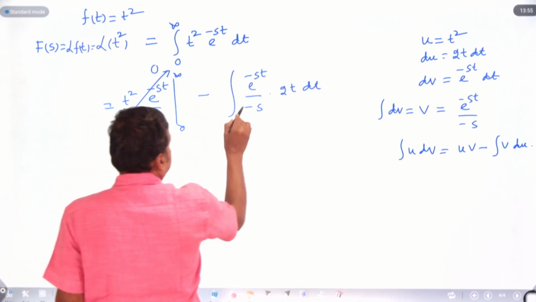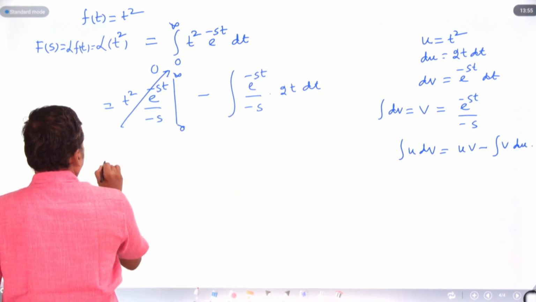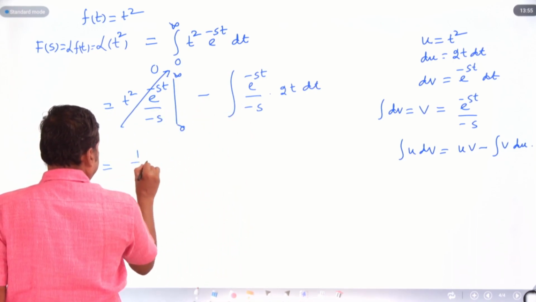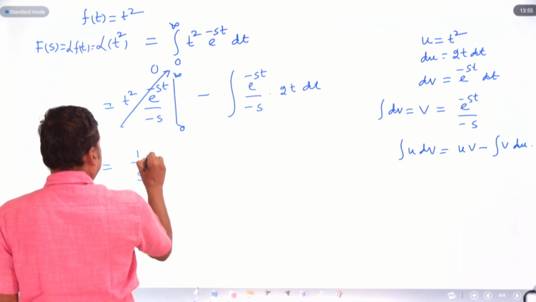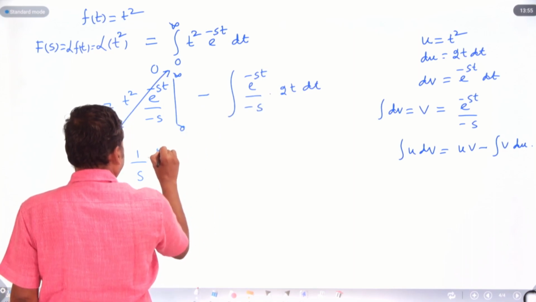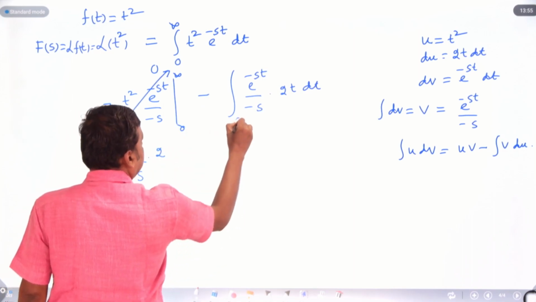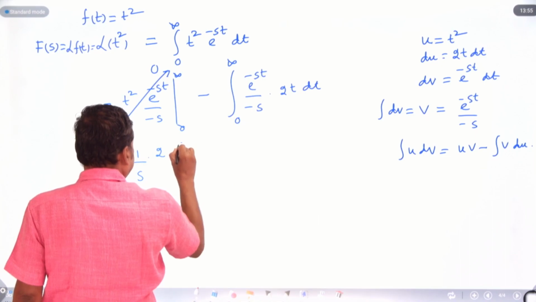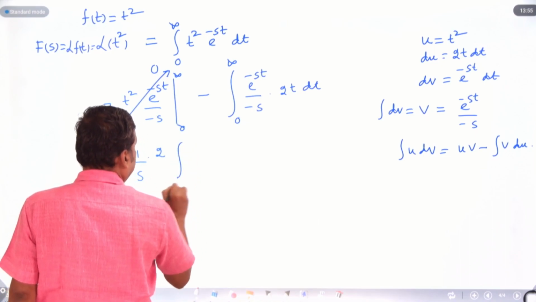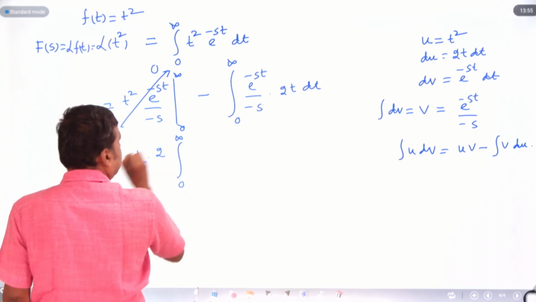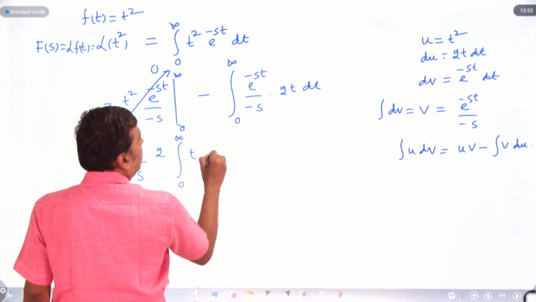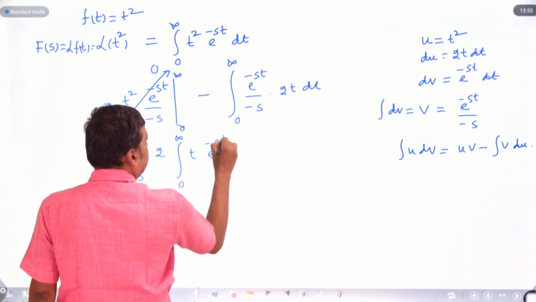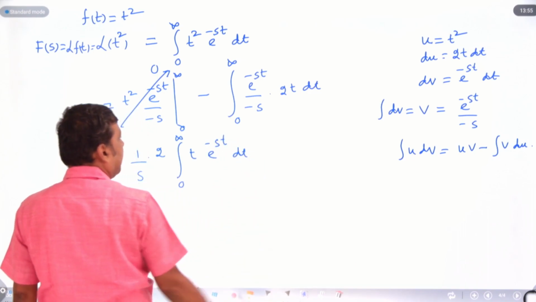And here, minus times minus gives plus, so we get 1 by s, with 2 being a constant taken outside the integration, times the integral from 0 to infinity of t into e to the power minus st dt.